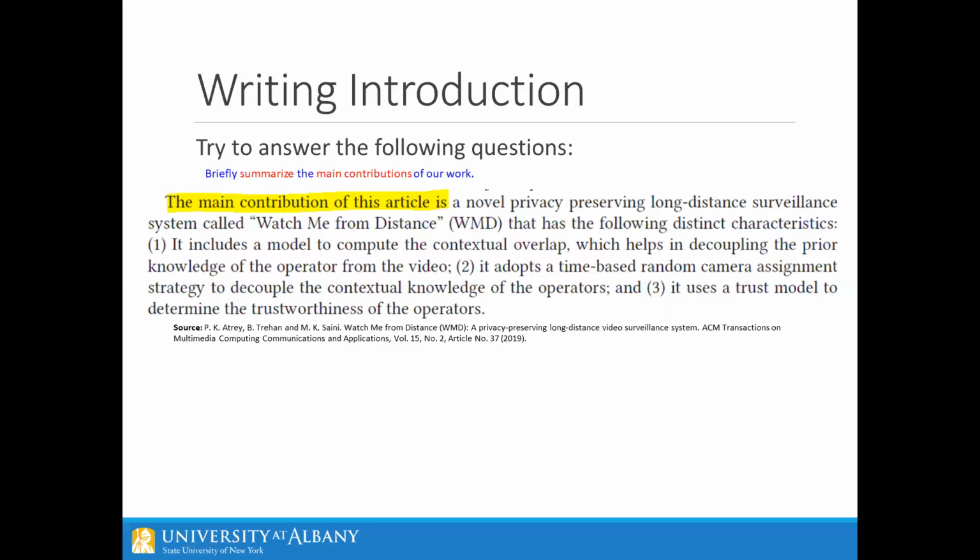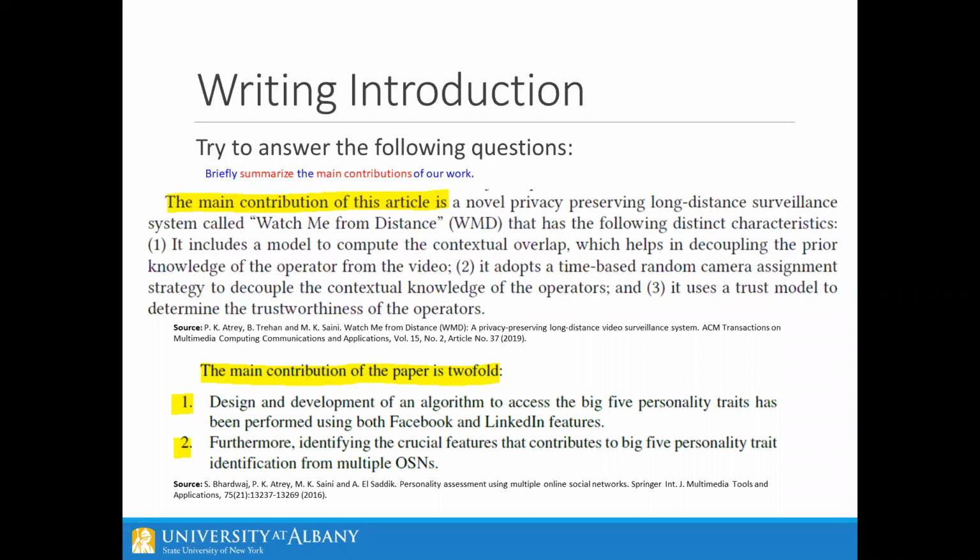And then you mention those characteristics. What are the different features of your application, and those features should be novel and distinct. Okay. Another example could be this, that if you made two contributions, you can then number them. The main contribution of the paper is twofold, 1 and 2.